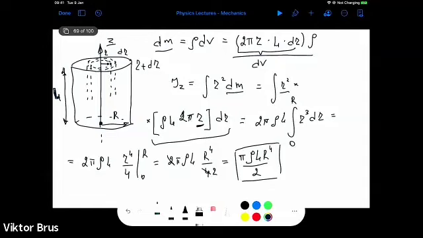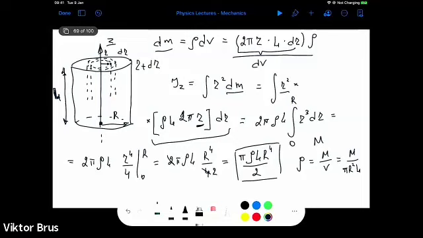We may want to have it via the total mass of the cylinder. So in this case, let's define the total mass of the cylinder as capital M, and rho will be equal to capital M divided by volume. This is capital M divided by the area of the base times the length of the cylinder, which will be pi r squared times L.